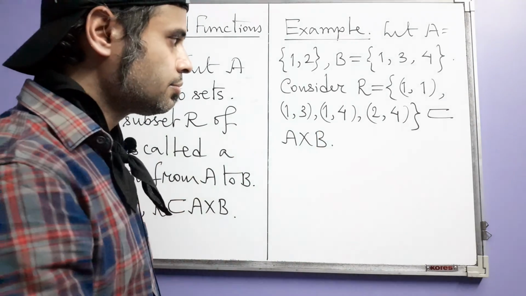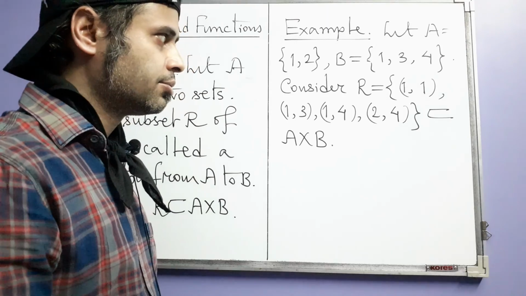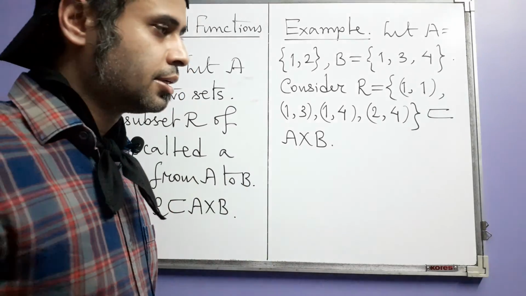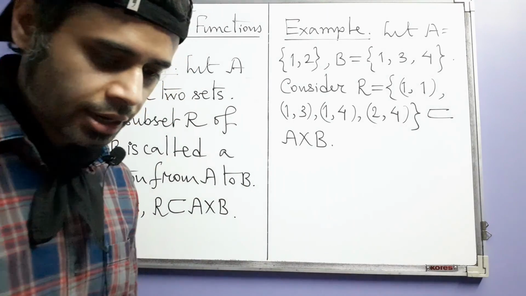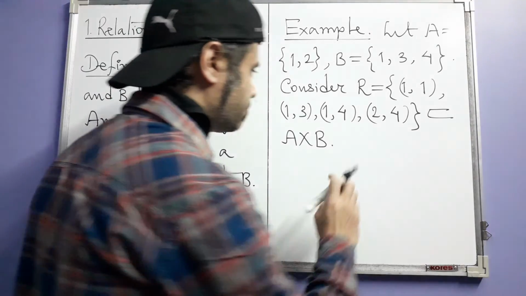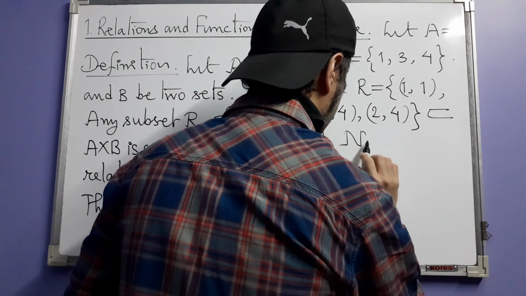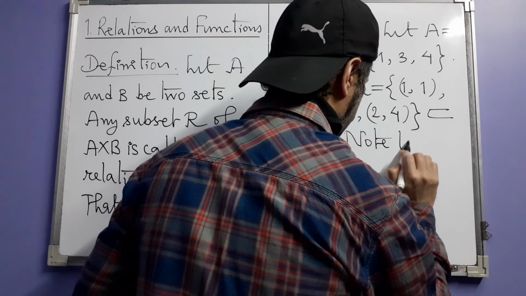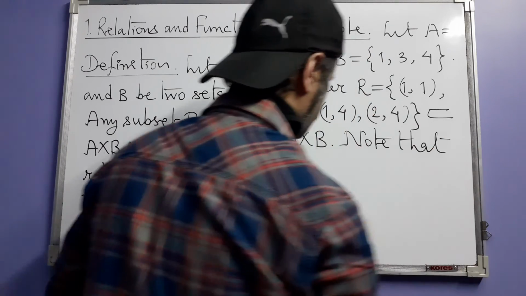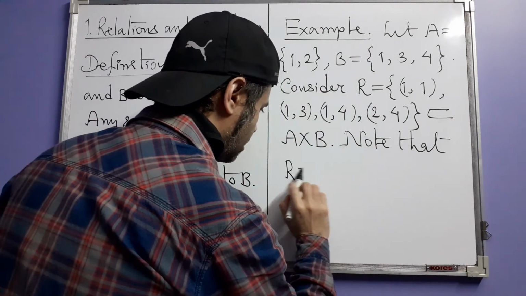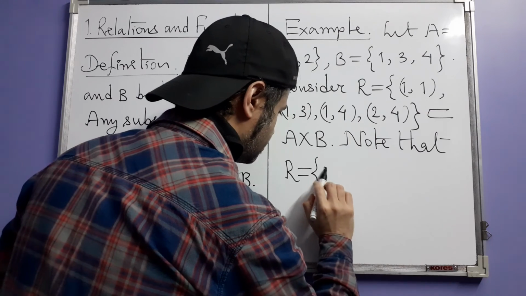So in that sense, we have a relation. If you look carefully, you can recognize this relation somewhat more compactly like this, the same relation. Note that R is also this.